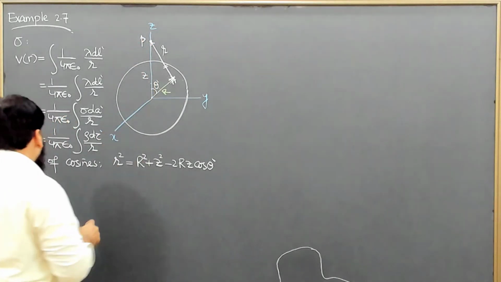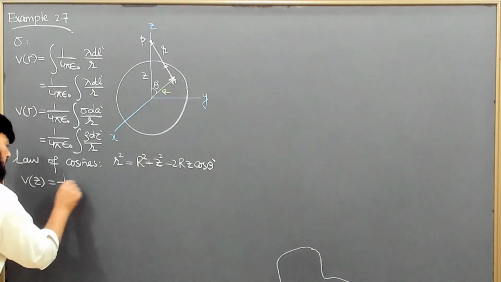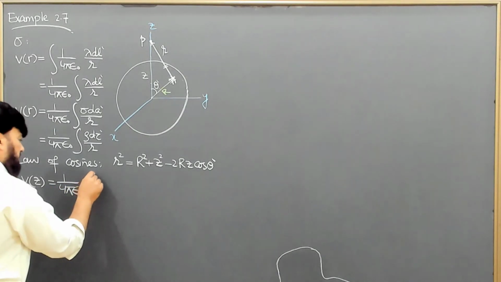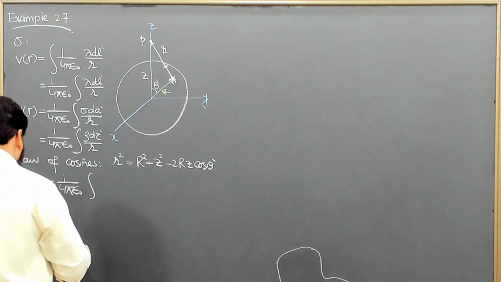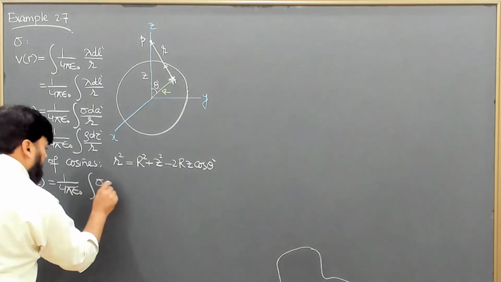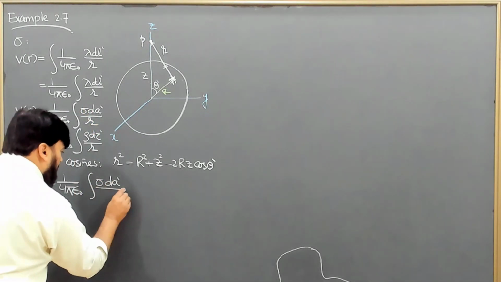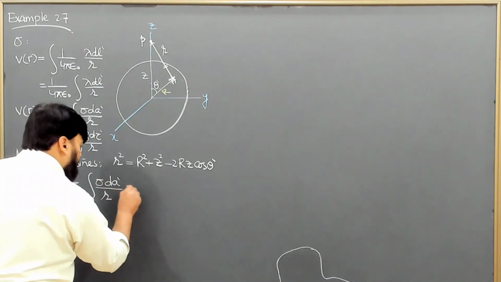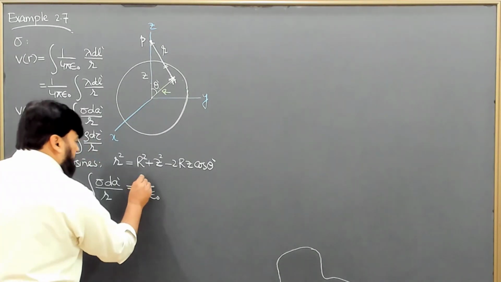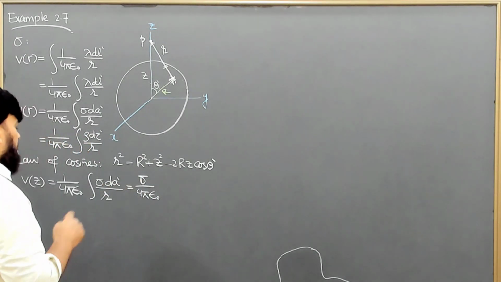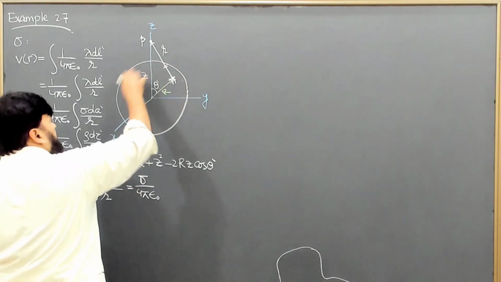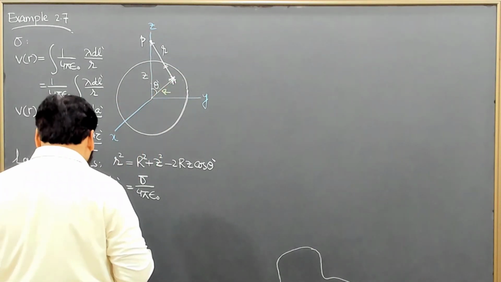So V of Z equals 1 over 4 pi epsilon naught integral sigma dA prime over tilted R. Sigma will come outside the integral because it is constant. It is not supposed to be integrated here. It's a constant on the surface of this spherical shell.